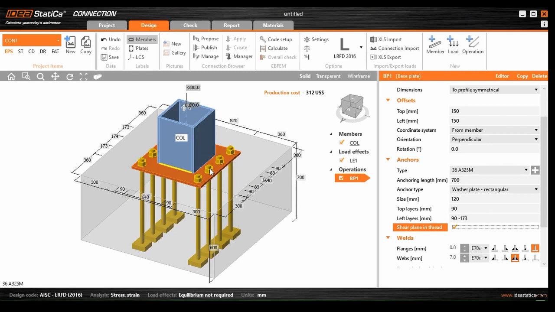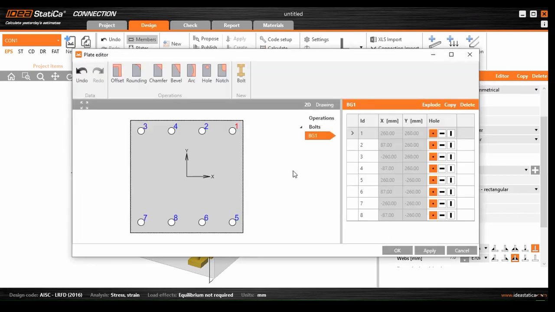So for other edge, we have 2 ways, but I recommend you to go to the editor here, click on editor, and click on copy here. So a new hole on the base plate is added. Leave the X value as it is, change 260 to 86. Now number 9 is located as you want it to be.